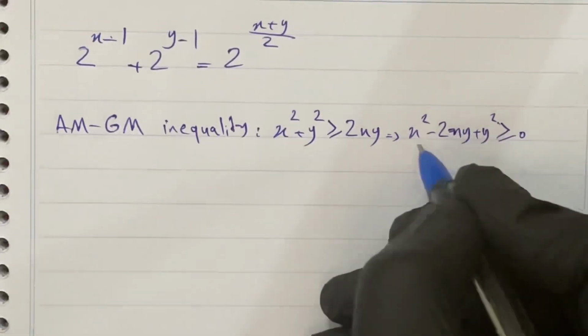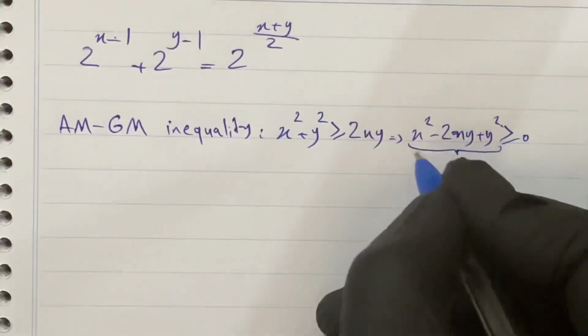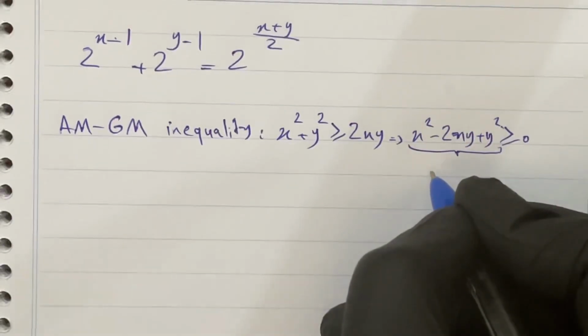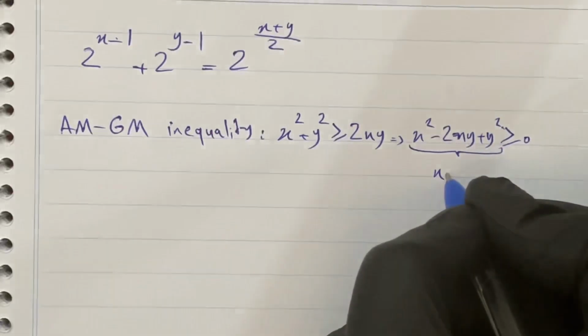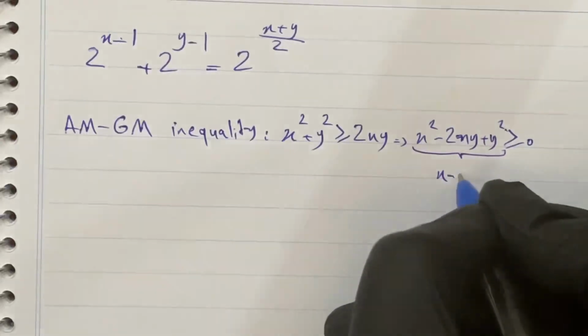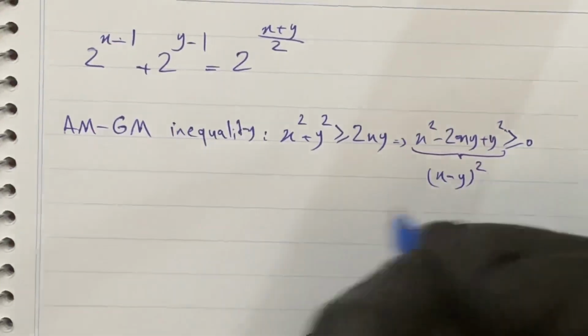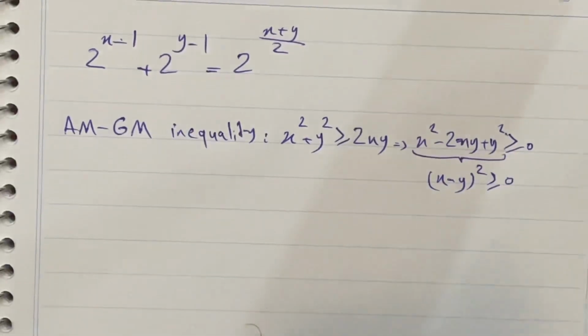What this actually is, is the square of the difference, which is x minus y to the power of 2, bigger or equal than 0.